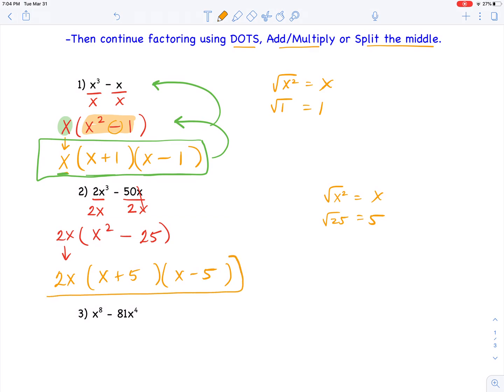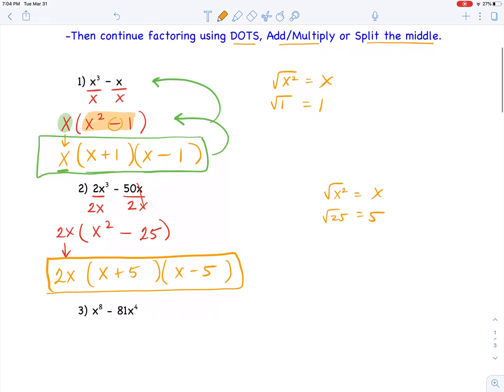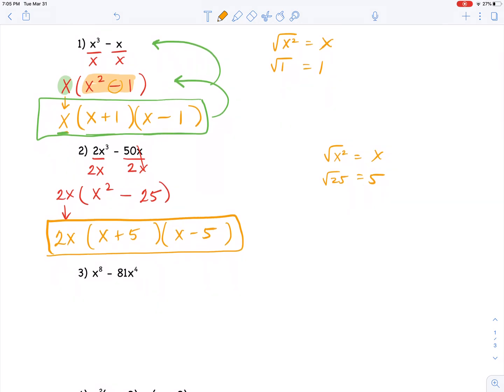So again, my final answer is 3 factors, and this is what it's going to look like when it's GCF and then dots. One more for this video.